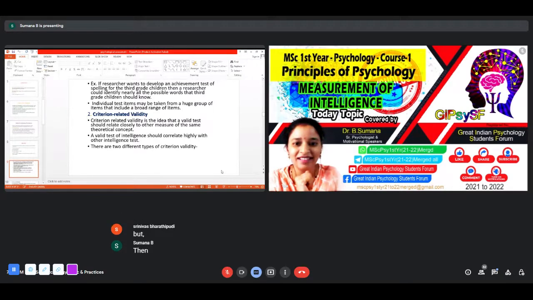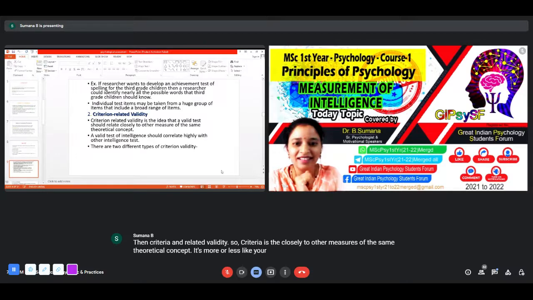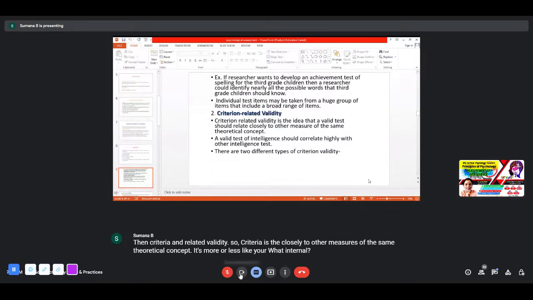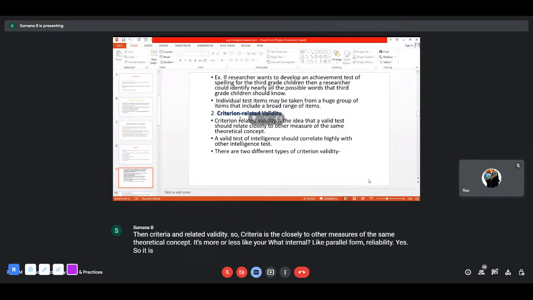Then criterion related validity. Criterion is closeness to other measures of the same theoretical concept. It's more or less like parallel form reliability. So a valid test of intelligence should correlate highly with other intelligence tests.